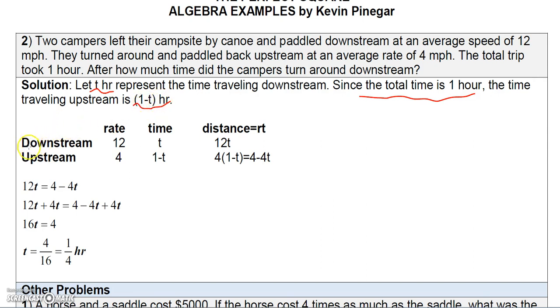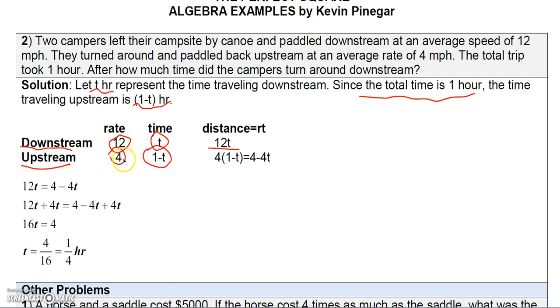Now I set a table up here for downstream and upstream trips. Downstream, they travel 12 miles per hour for t hours. So the distance is rate times time. So the distance they traveled downstream would be 12 times t. Now upstream, they traveled at a rate of 4 miles per hour, and the time was 1 hour minus t.